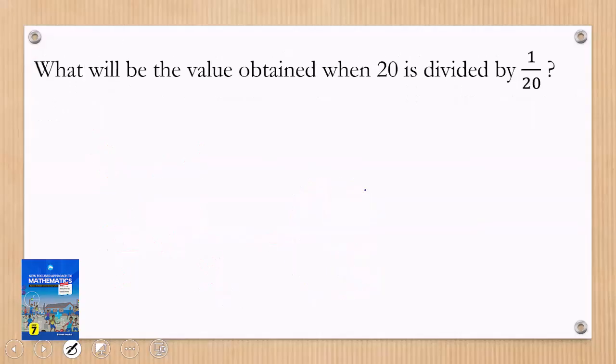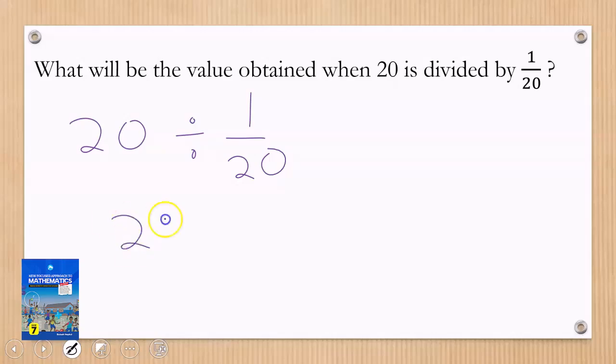Okay, now let's do the other way around. What will be the value obtained when 20 is divided by 1/20th? You see, this one we have our whole number first. We are dividing it by a fraction. So we'll keep our whole number. Then we change the division to multiplication by reciprocating the second number, which will be 20/1.